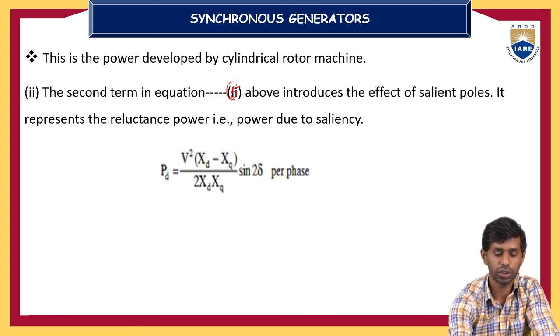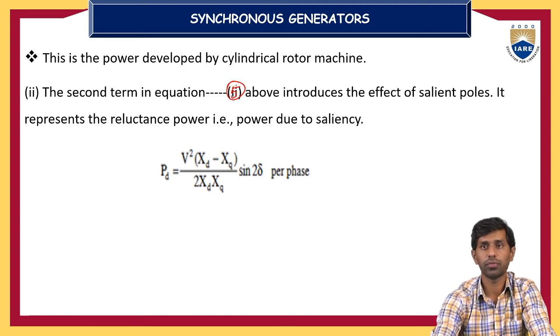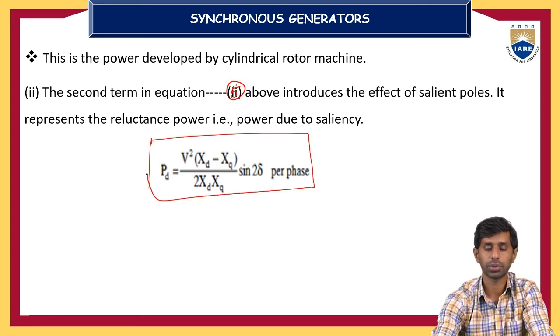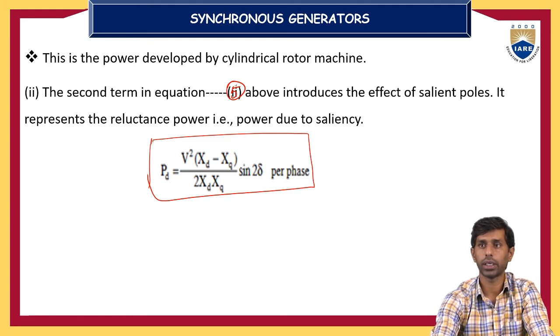Now, the second term of equation number 5 represents the effect of salient poles, so it represents the reluctance power. PD is equal to V square into (xd minus xq) by 2 times xd into xq into sin 2 del per phase, which represents the power due to saliency.